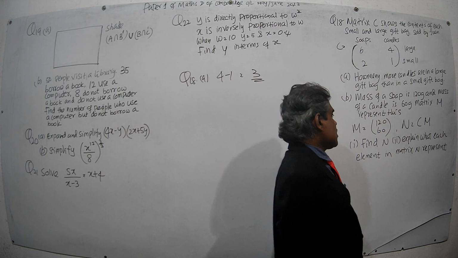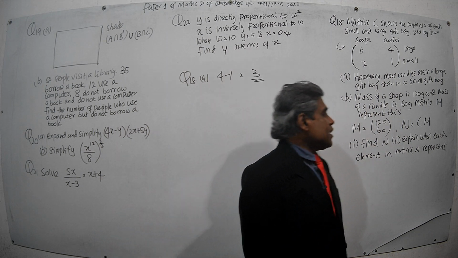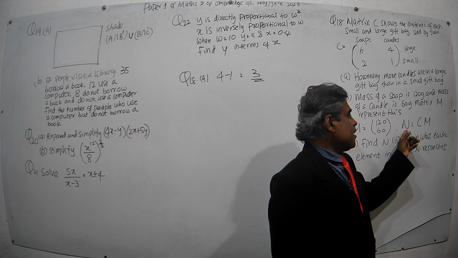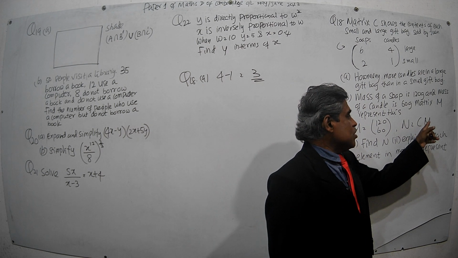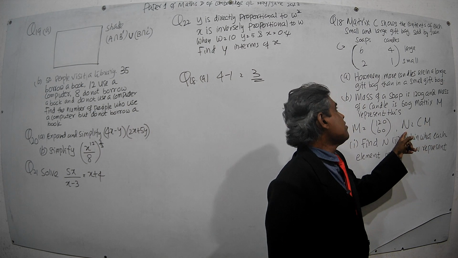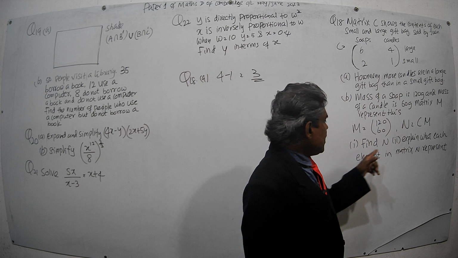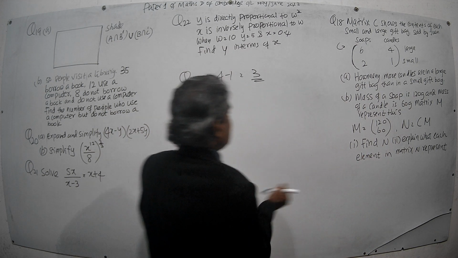Then matrix M is made of those masses of the contents. Then they have given another matrix N, that is, N equals C into M. That means if you multiply matrix C by matrix M, you get the matrix N. Then they ask this question, find N.